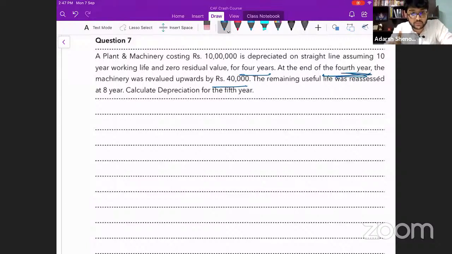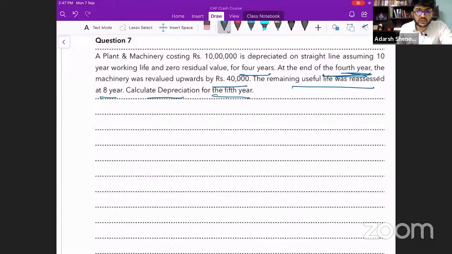Before charging depreciation for the 4th year, they have revalued the asset up by 40,000. The remaining useful life was reassessed at 8 years. Calculate the depreciation for the 5th year.